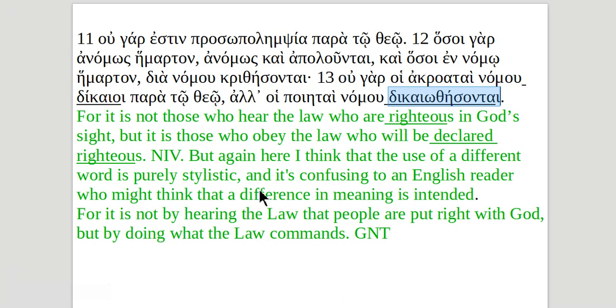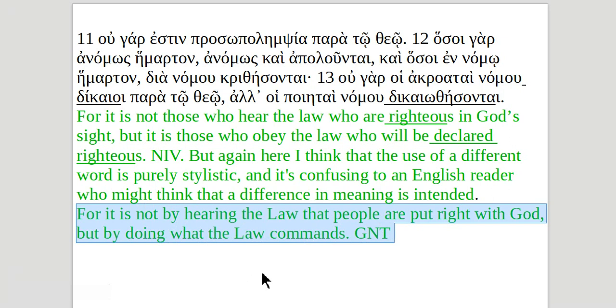But I'm pretty sure there's not a difference in meaning intended. It's expressed very well by the Good News Bible translation here, which only says it once, which I think makes good, clear English style.